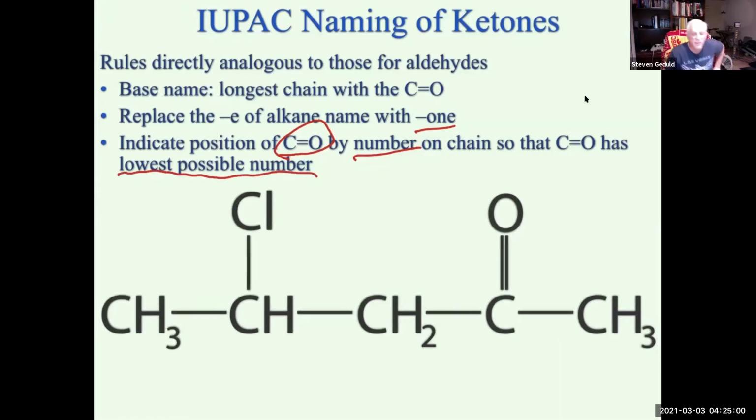All right, so let's name this thing. We have 1, 2, 3, 4, 5 carbons, and we're going to number them from the right side to the left side to give the carbonyl group the lowest possible number. So 5 carbons is pentane.